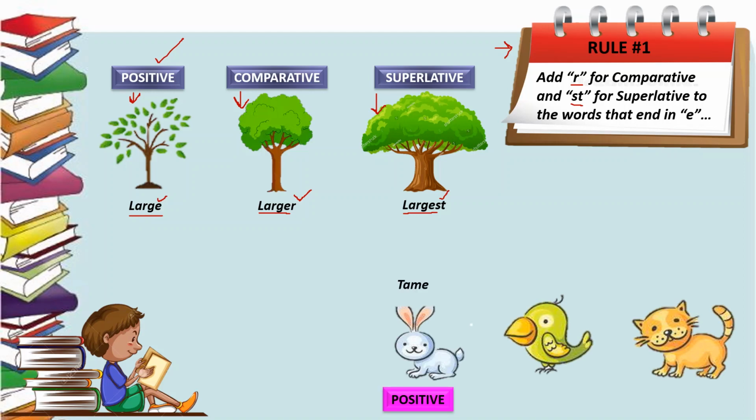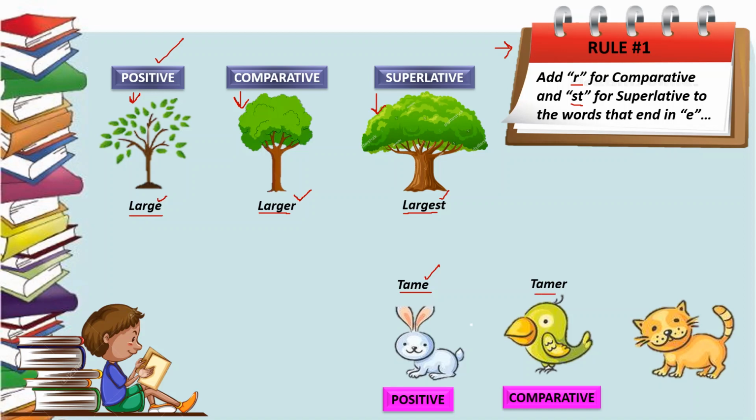So here we have the second example. The adjective here in the positive degree is tame. Again, this adjective ends with the letter E. So before converting it to comparative degree, we will keep the positive degree adjective as it is, and simply after this adjective, we will add the suffix R to make it comparative.